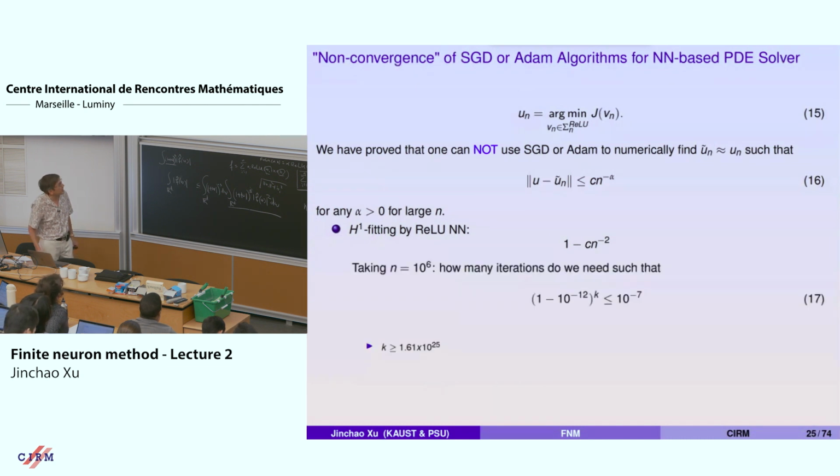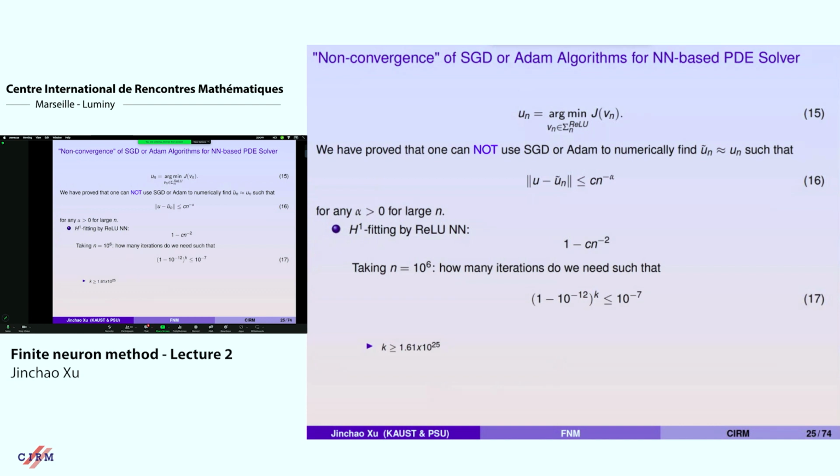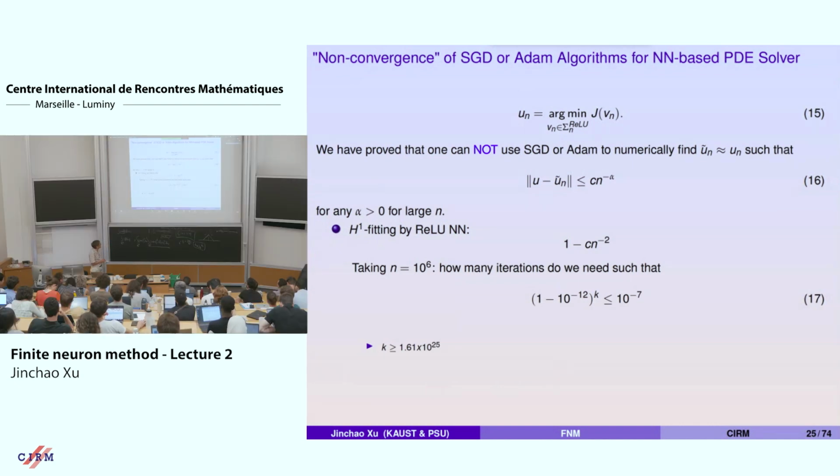If you want that to be less than 10 to the minus 2, with 1 million neurons, to get single precision accuracy, machine accuracy, 10 to the minus 7, guess how many iterations you need? You need 10 to the 25th iterations. That requires the largest computer in the world for 32 years.